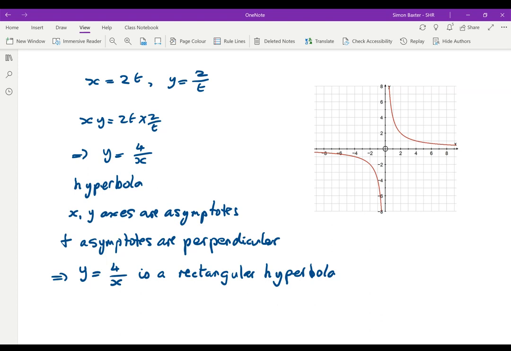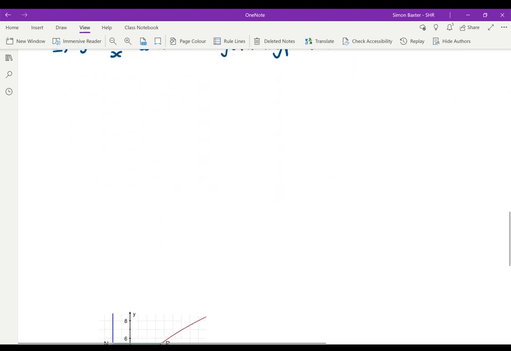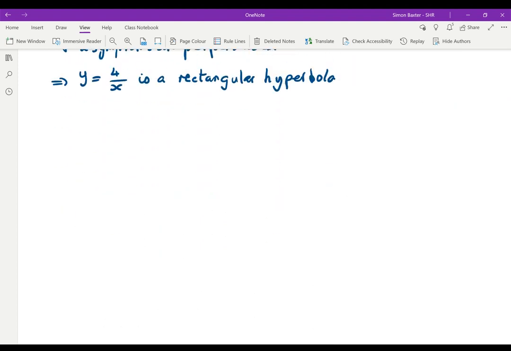Well, let's look at what happens if we make it a little bit more general. If we have something more general, then x equals ct, y equals c over t are the normal parametric equations. And all we have to do here is to multiply x by y to give us ct times c over t. Therefore, y equals c squared over x.